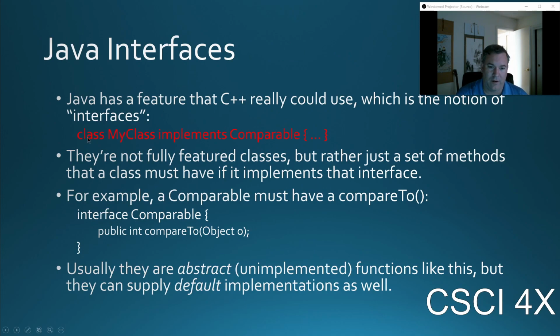All right, so C++ can kind of do interfaces. Like when I made that hash class, the pure virtual hash class that had nothing in it, that's equivalent to a Java interface.